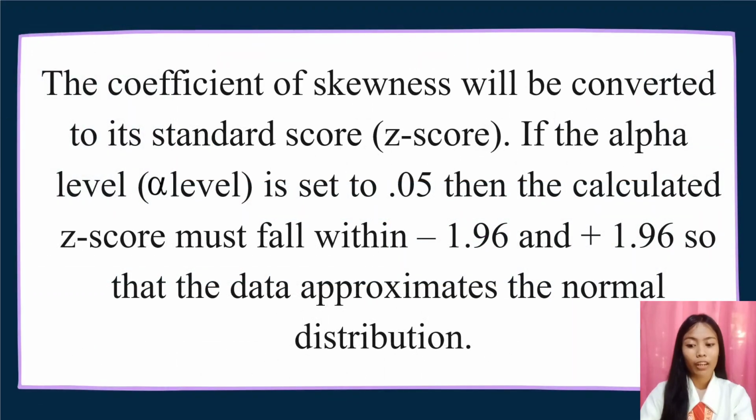The coefficient of skewness will be converted to its standard score or z-score. If the alpha level is set to 0.05, then the calculated z-score must fall within negative 1.96 and positive 1.96 so that the data approximate a normal distribution.